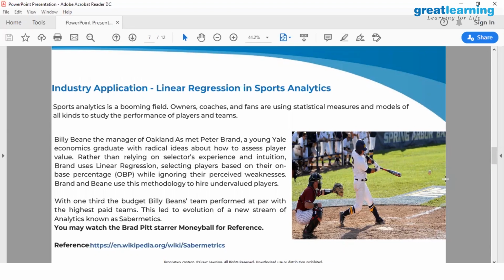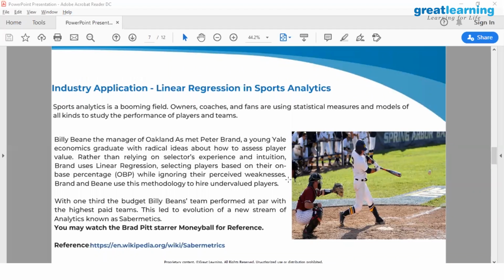I hope someone has watched the film Moneyball. Has anyone watched it? Yes, so this was just taken from that. The term was formed only after this way of picking players, based on on-base percentage, OBP.